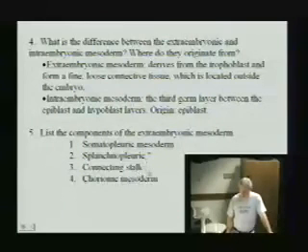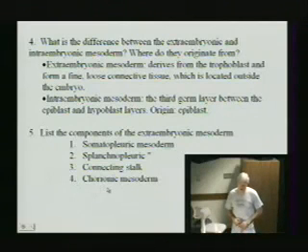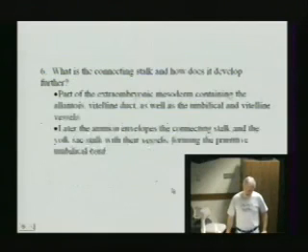It'll also extend into the connecting stalk to contribute to the connective tissue of the umbilical cord, and then the chorionic mesoderm that will help to give rise to some of the chorionic vascular structures.